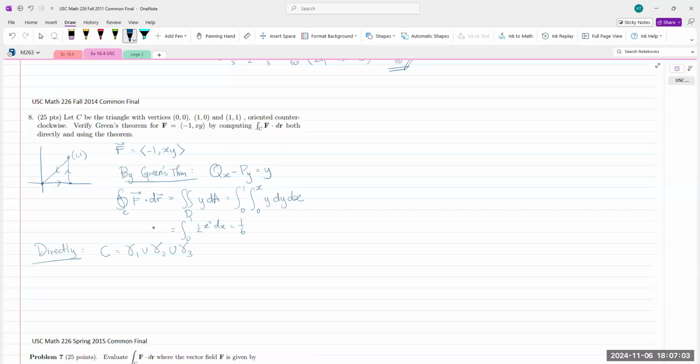For gamma 1, that's r1(t) = (t, 0), a parameterization where t goes from 0 to 1. So r1 prime of t will be (1, 0).